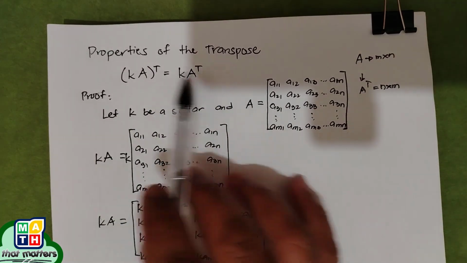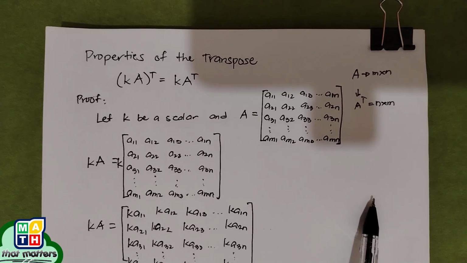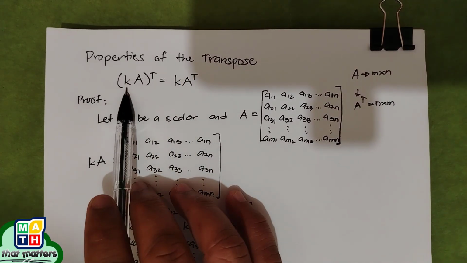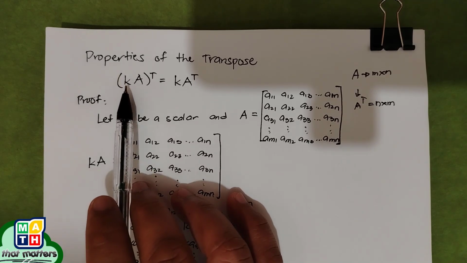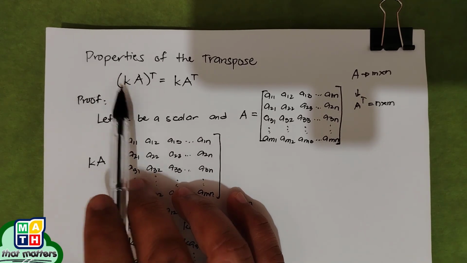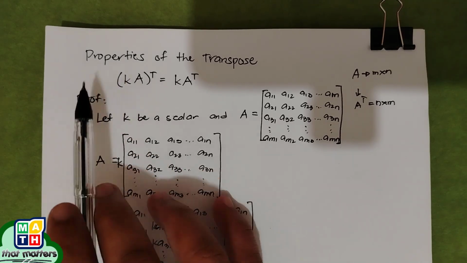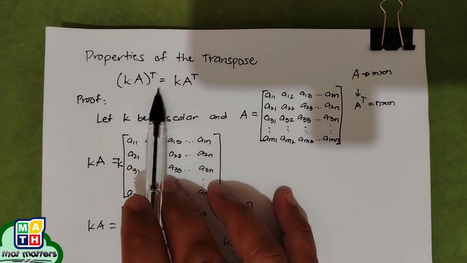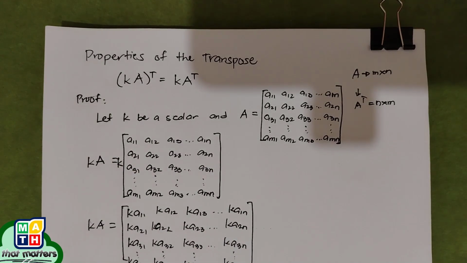Since we have established this to be true, in our future dealings with matrices involving transpose, if you have a scalar of any value, negative, positive, fraction, or irrational number, you can simply take it out and it's the same as the product of the transpose of A and that same scalar quantity.